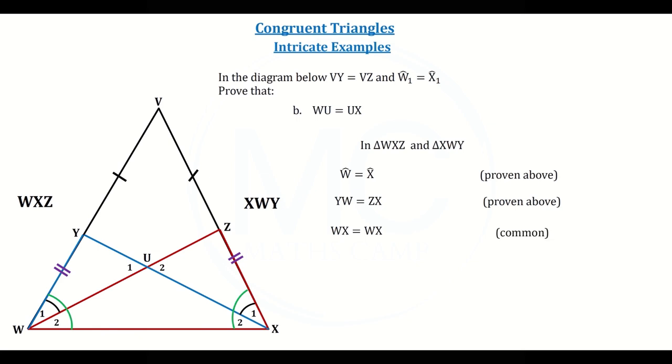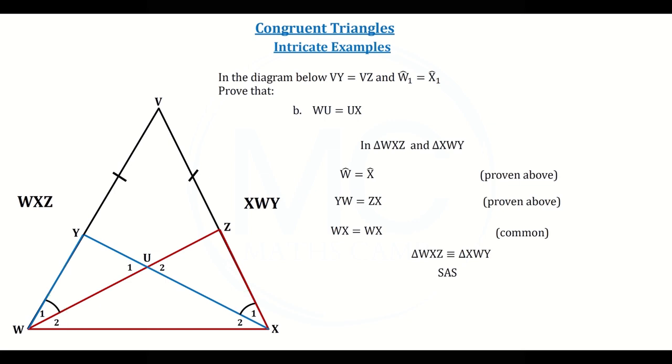Now we have two pairs of corresponding sides that are equal and one pair of included angles. So we have now proven that triangle WXZ is congruent to triangle XWY because of two sides and an included angle. So we use SAS as our reason. Let's tidy our diagram up a bit.